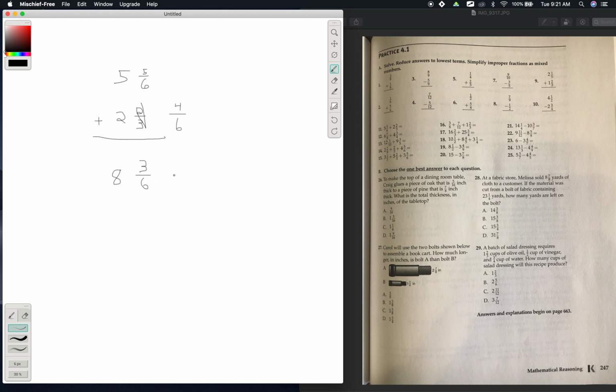So we can reduce it. This becomes a 1, and this becomes a 2, which equals half. So that would be your answer right there, your reduced answer, 8 and 1/2. Erase this.